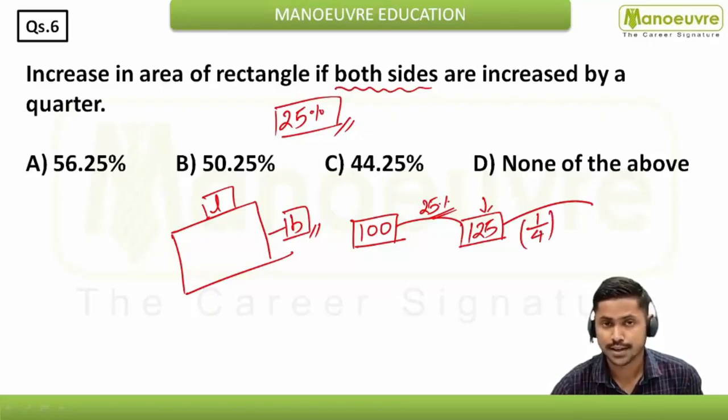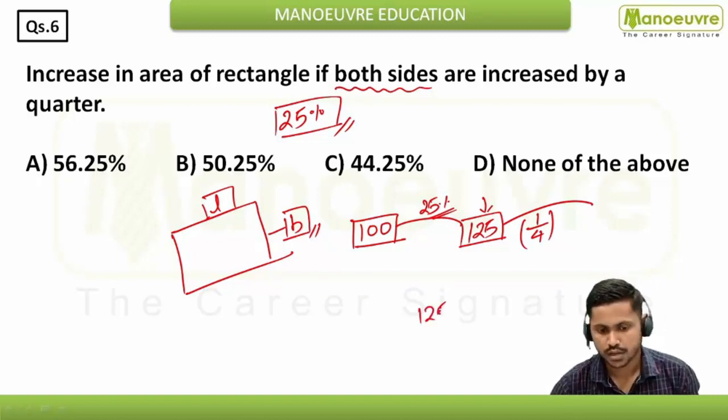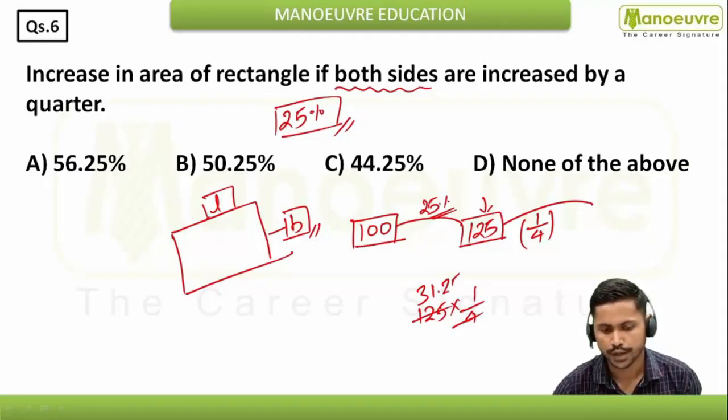How did 1/4 come? You know 25% in terms of fraction is 1/4. So 1/4 of 125 will be nothing but 31.25, which is 25%.